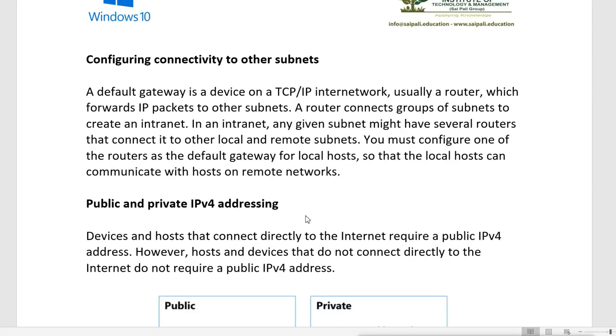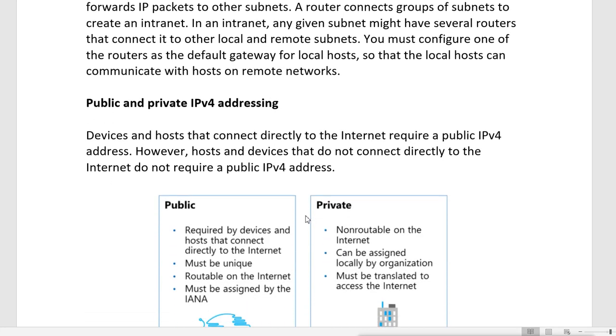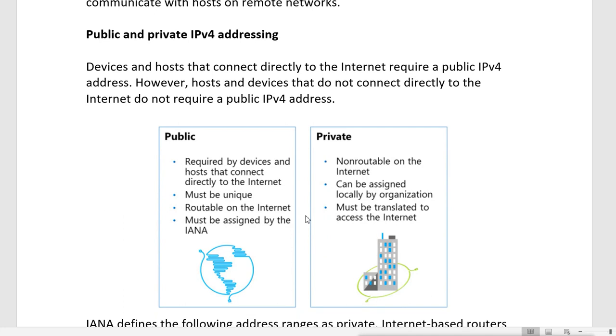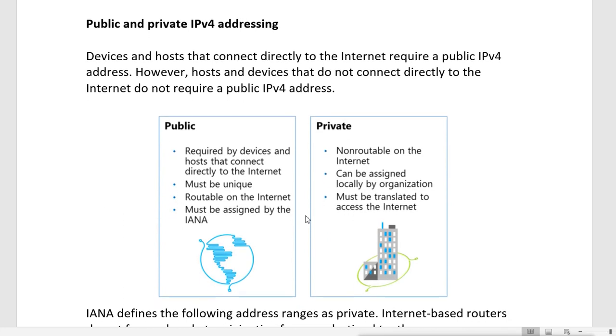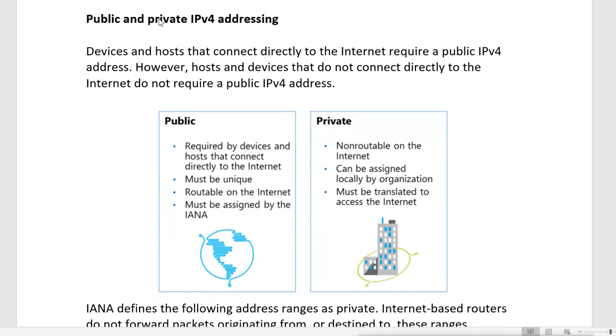Now, when you want to communicate within the internet environment, you have to consider public and private IP addresses. Within all those ranges available to use, that is class A, B and C, we have some public and private addresses. Devices and hosts that connect directly to the internet require public IPv4 addresses.